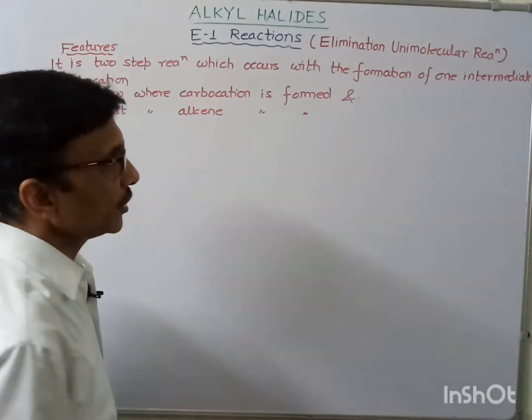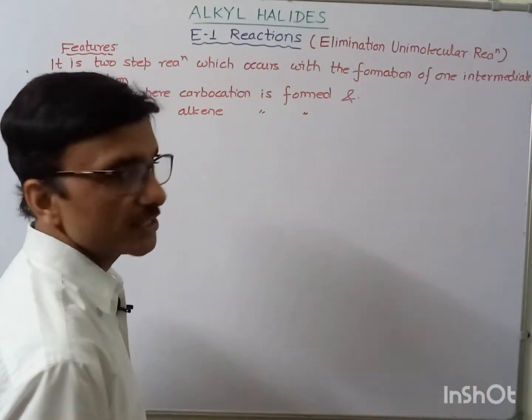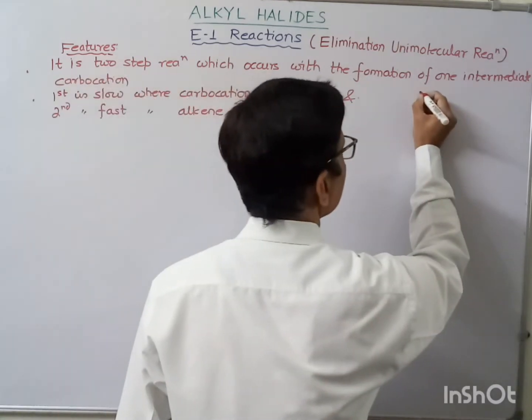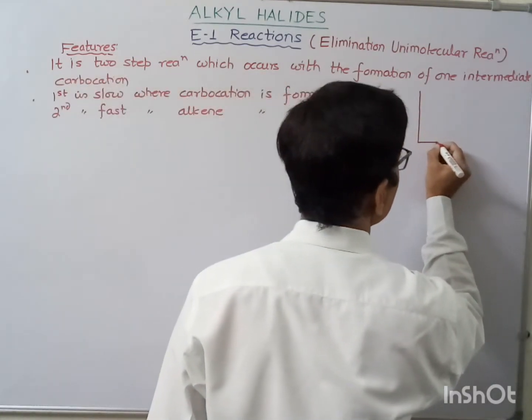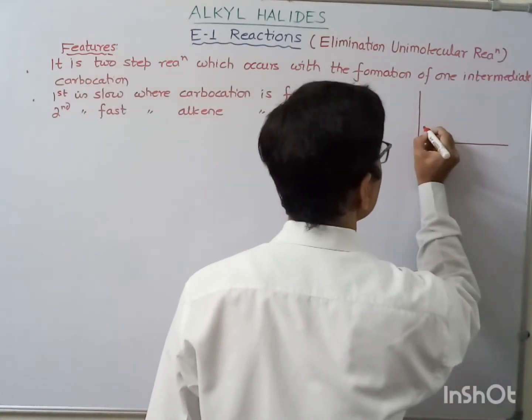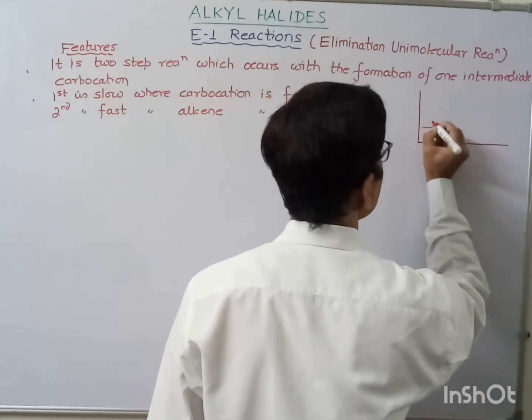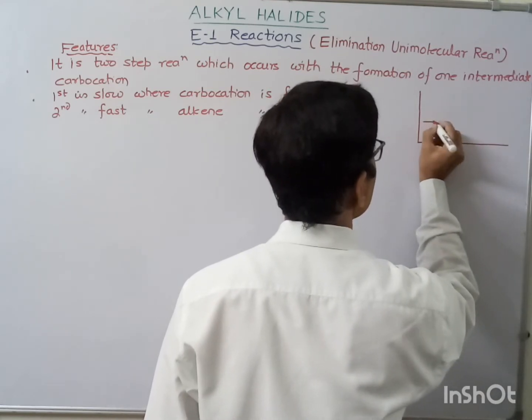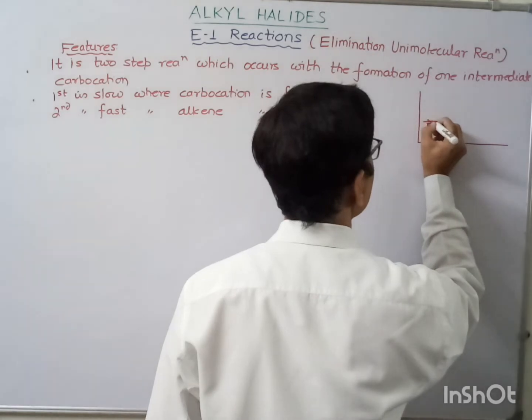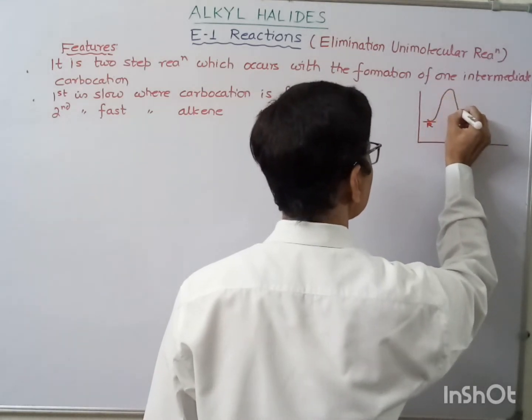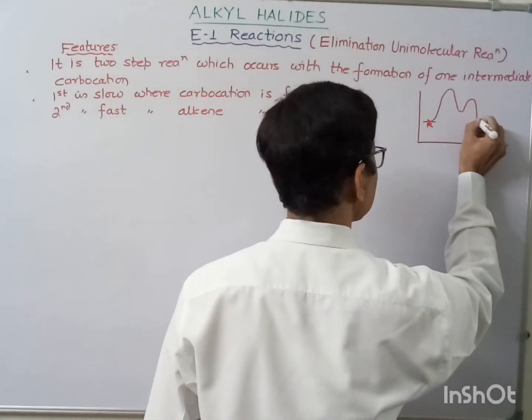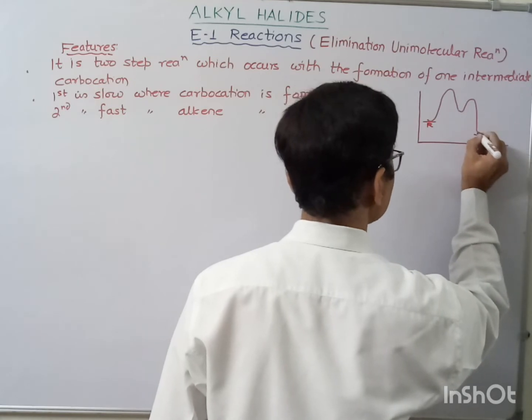Okay, so if we see the energy profile diagram for this E1 reaction, then energy profile diagram, it would be, suppose this is the reactant, this is our first step, this is second step, and finally this product is formed.